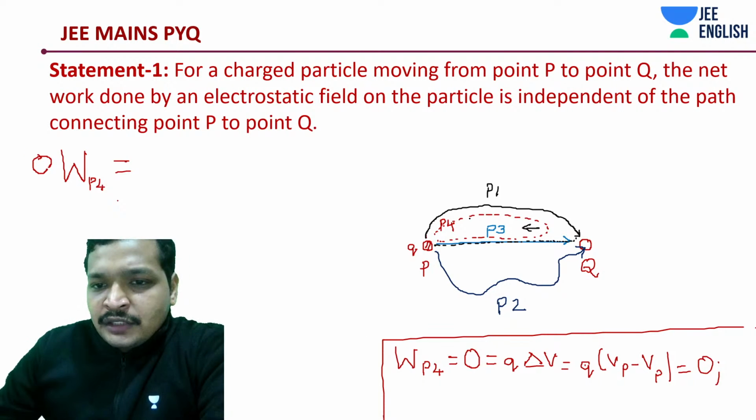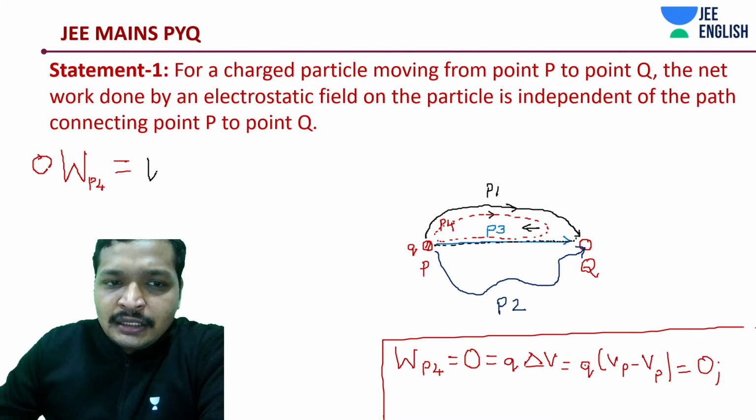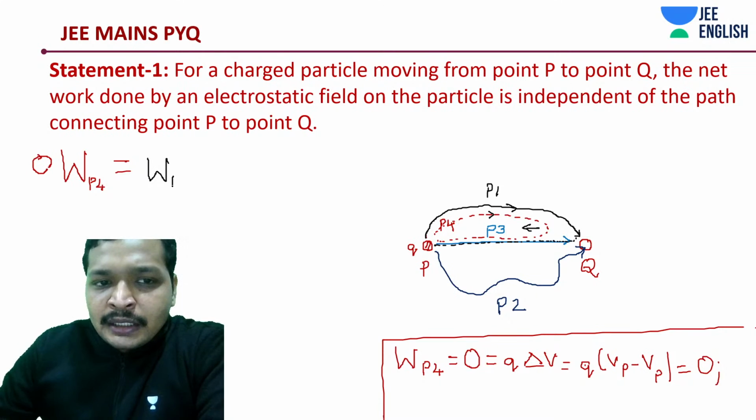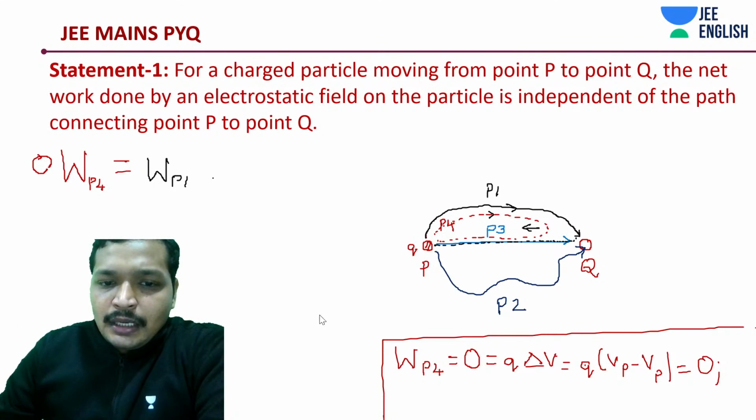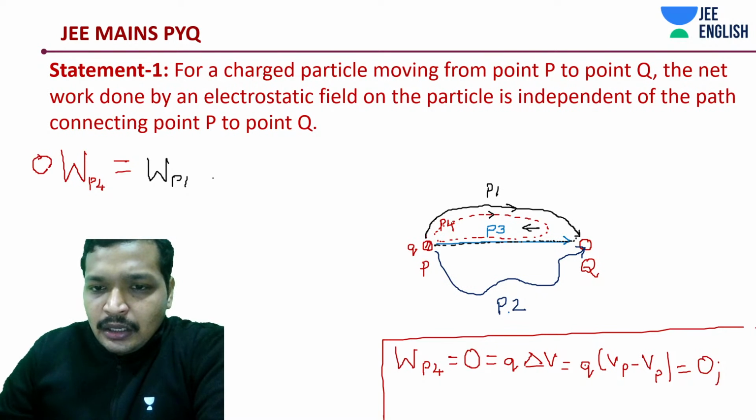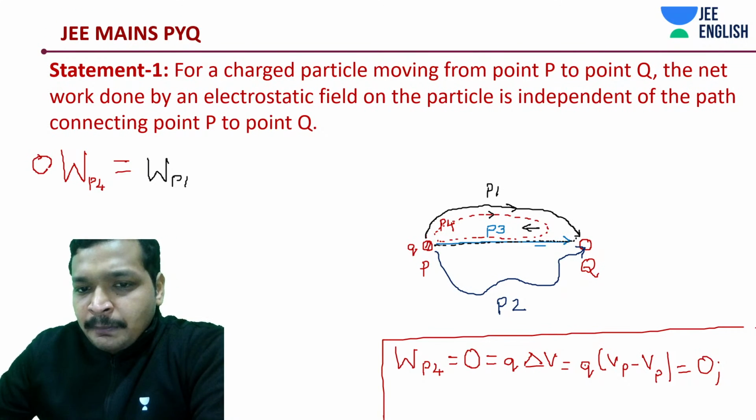We are going this way. Up until here, we are following path P1. It's just that I've drawn it in a separate way. It's basically work done in path P1, and then what is this? P3, right? Work done in path P3.